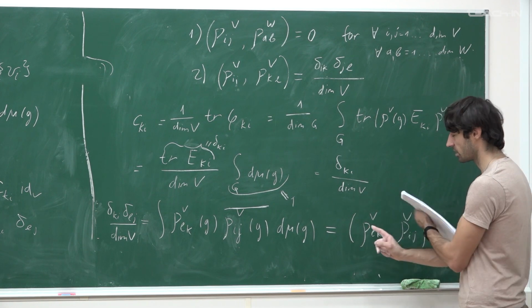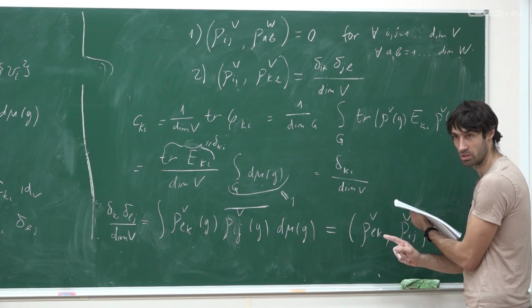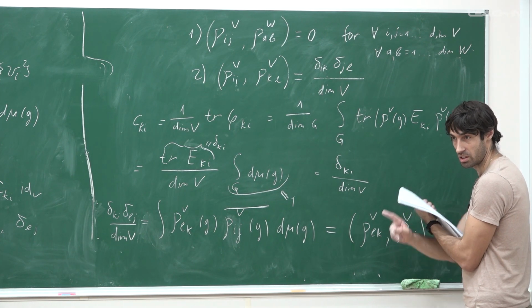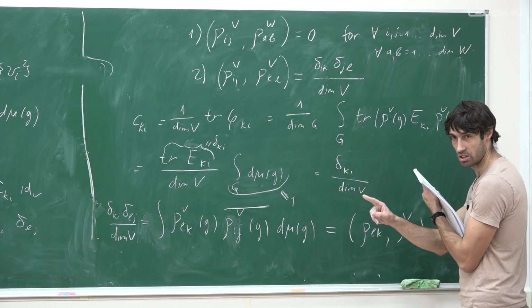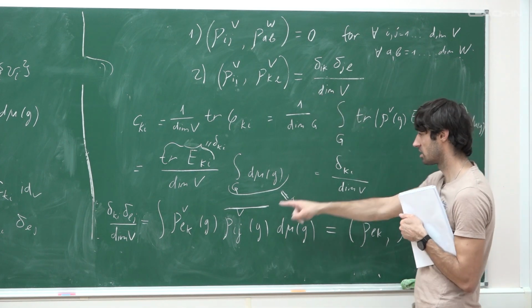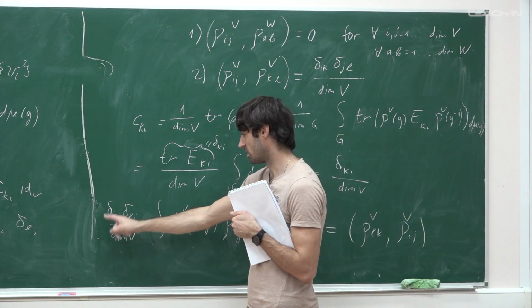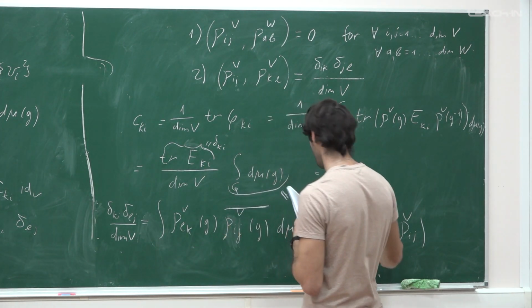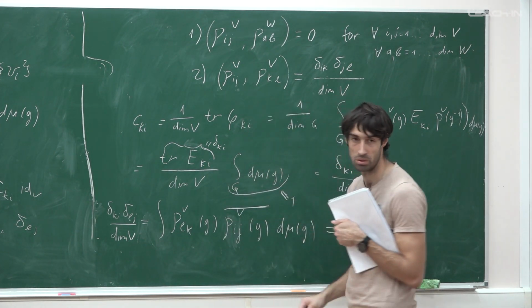So if I replace the two, I will need to get conjugation, right? But this is just a real number, so conjugation means nothing. So this computation proves me 2.